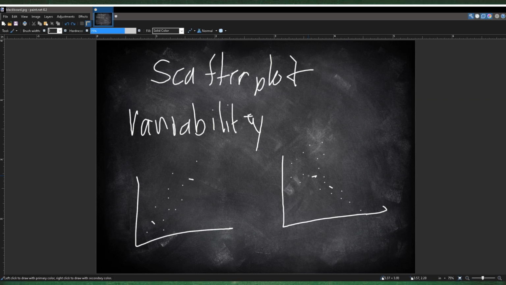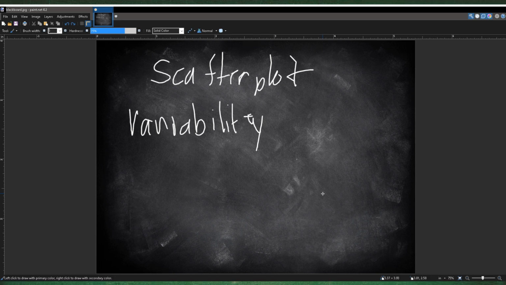When describing the strength, you could call it strong or weak, but I usually just call it moderate, because at some point it's really strong, but at some point it's super weak because of the fanning.